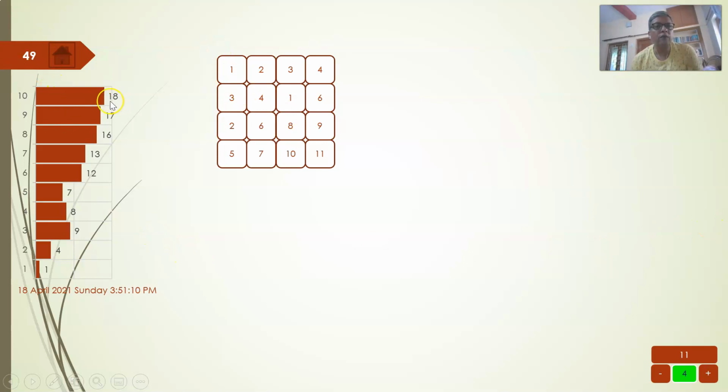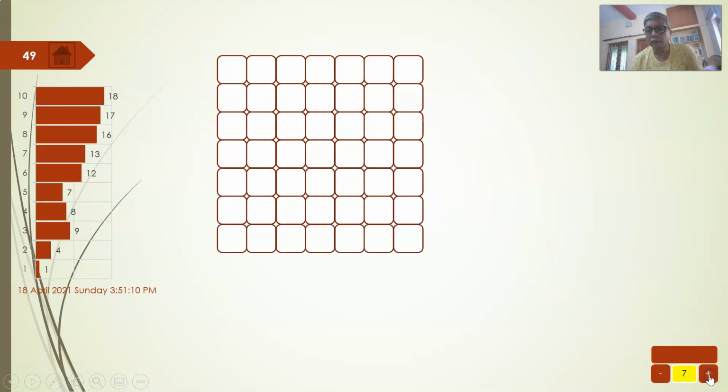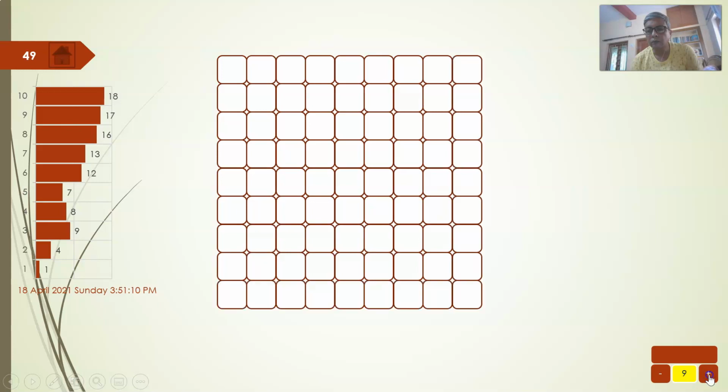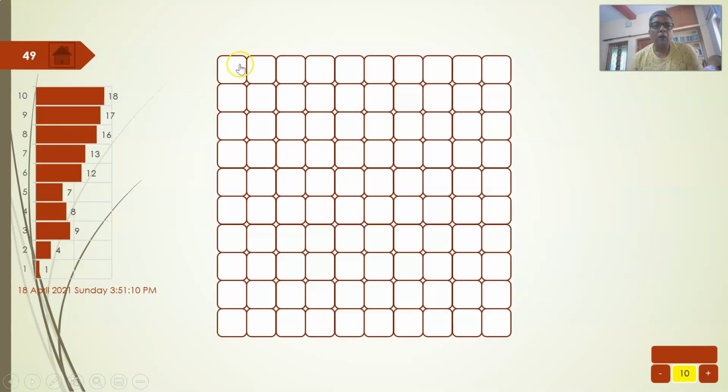If I could improve this number 18, let me try 10. Let me try the way in which I got the minimum for 8. To fill up the first row, you will need 10 distinct numbers, but the numbers get repeated in the second row.